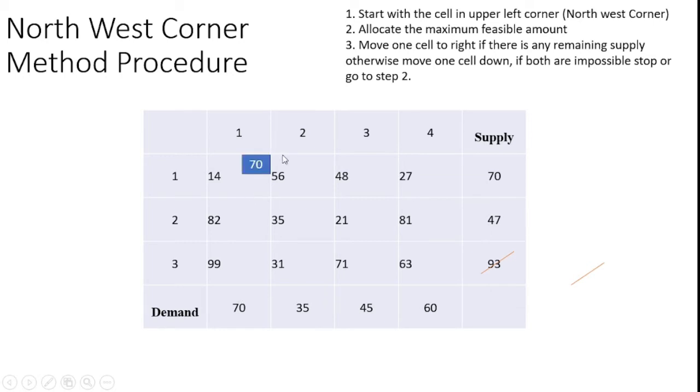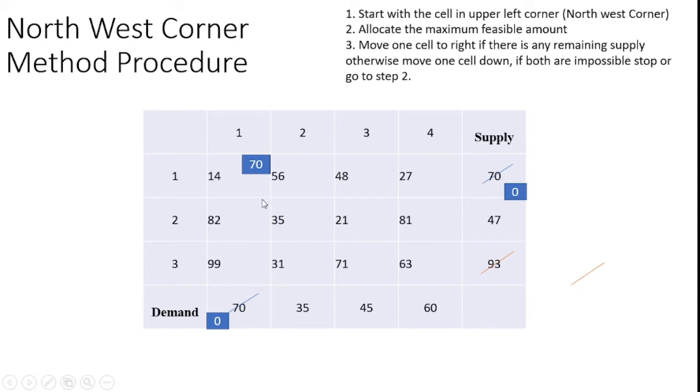First, I compare the supply and the demand with each other. Since 70 is available, I allocate 70 in the first origin, first distribution center. After that, the supply goes to 0 and the demand also goes to 0.